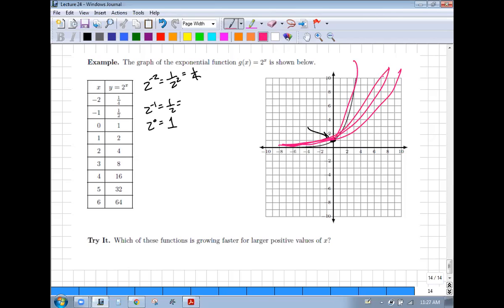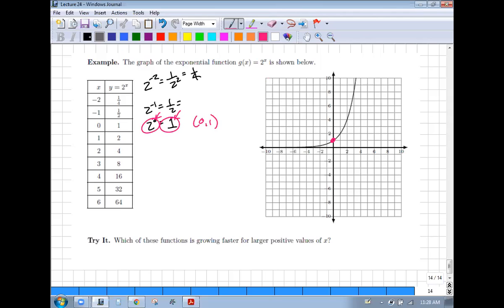They all look like that, okay? They all go through this point. Again, because anything to the 0 power is 1. So 0, 1, right, is always a point on an exponential function, unless they put something in front of it.